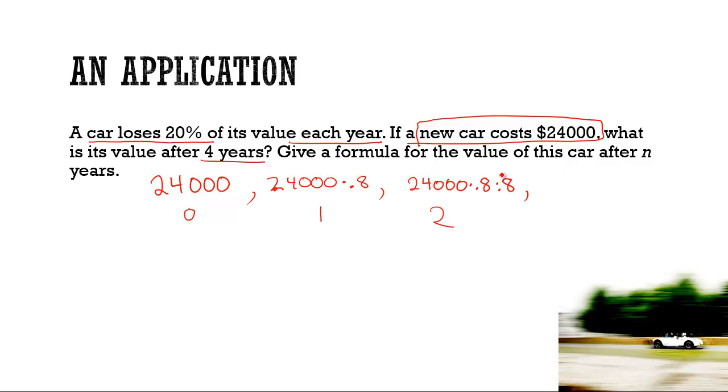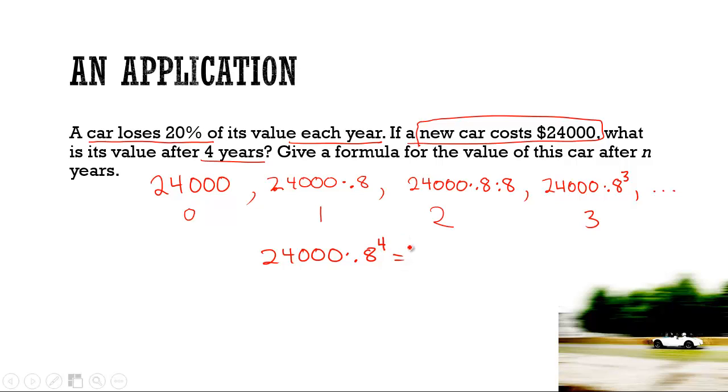And you can see how that's actually going to be 0.8 squared. So then 24,000 times 0.8 after the 3rd year, that'll have shrunk 3 times, that's cubed. And the 4th year, you can see that it will be 24,000 times 0.8 to the 4.